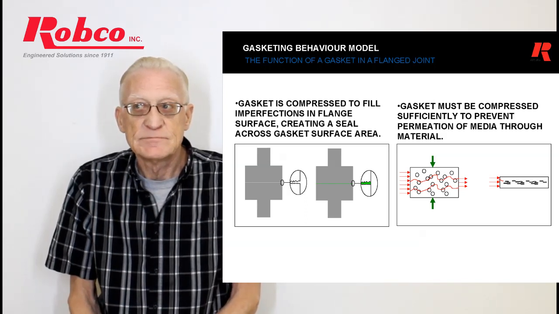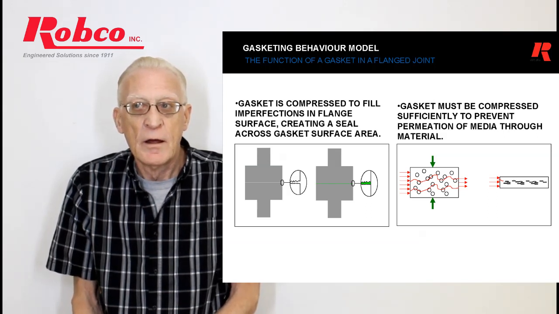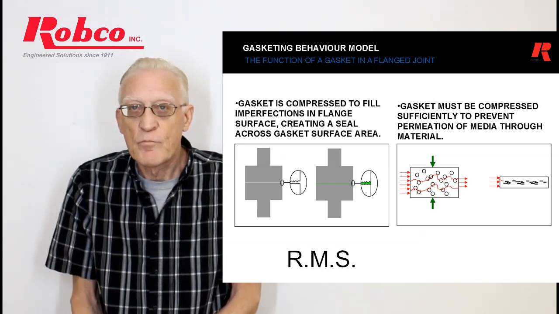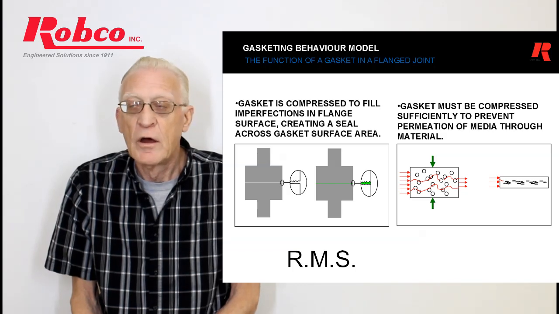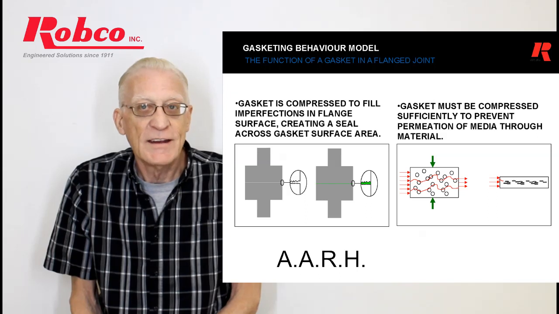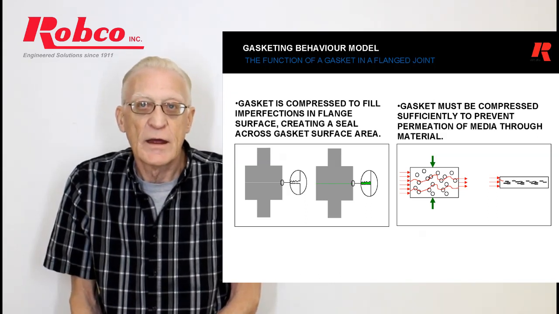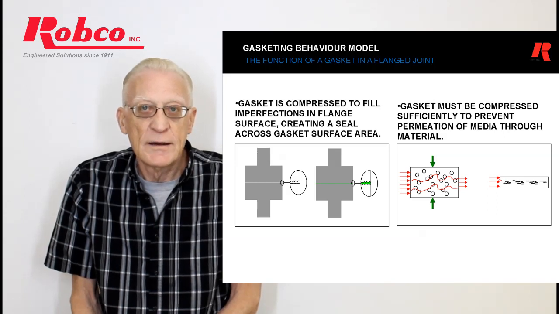Different measurements of flange finish are rated in RMS, which is root mean squared, or AARH, which is arithmetic average roughness height. And basically it's the distance between the peak and the valley of that groove, or the pitting in the flange.